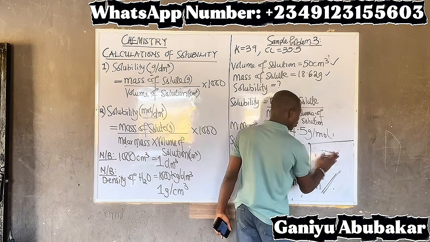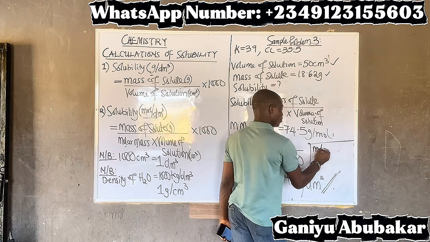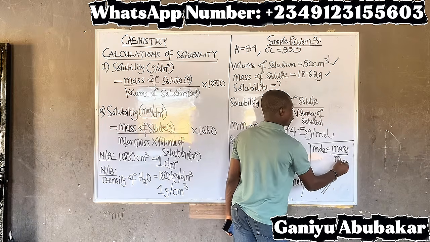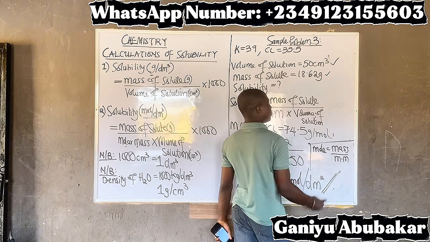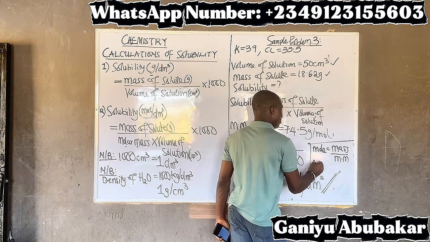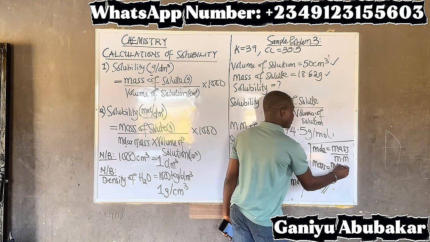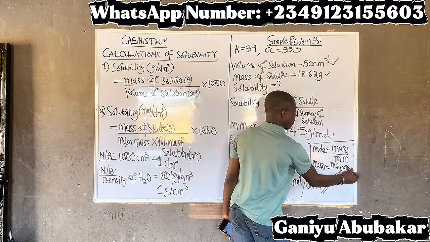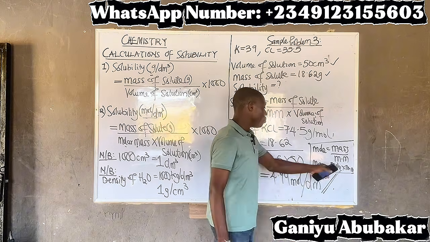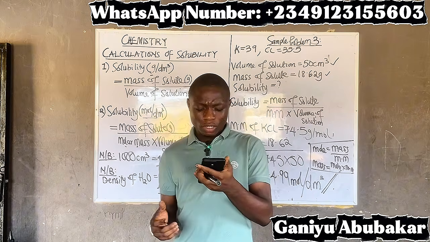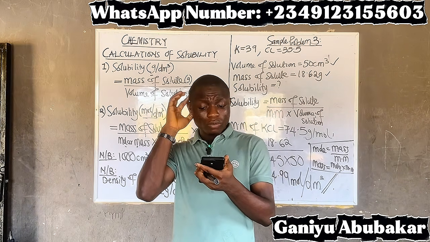We know that mole is mass over molar mass. To get mass, make mass the subject. Mass equals mole times molar mass. This is the formula to use, please. What's the mole given there?